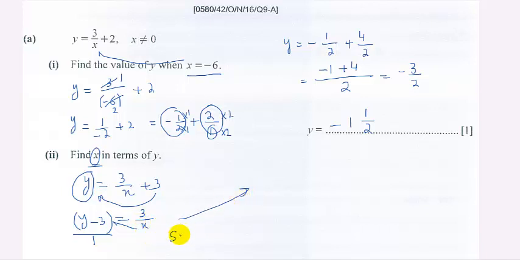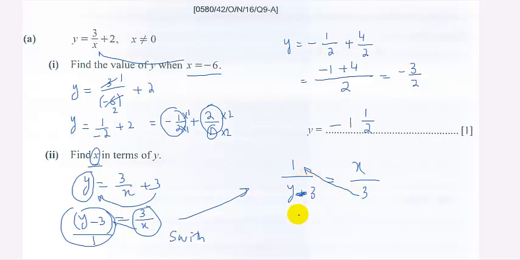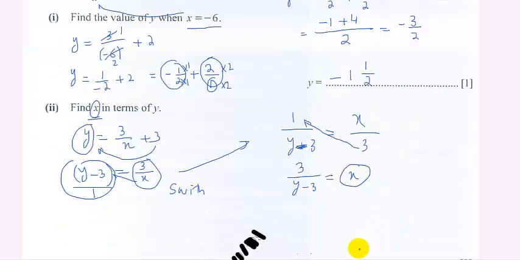Just switch, take the reciprocal. So this side will become 1 over y minus 3, and this side will become x over 3. Just bring this 3 here. It will become 3 over y minus 3 is equal to x. Now x is alone, so x is the subject. Therefore x is 3 over y minus 3.